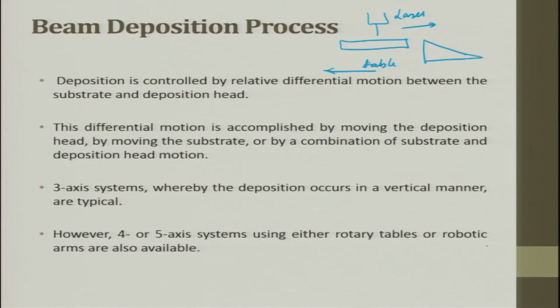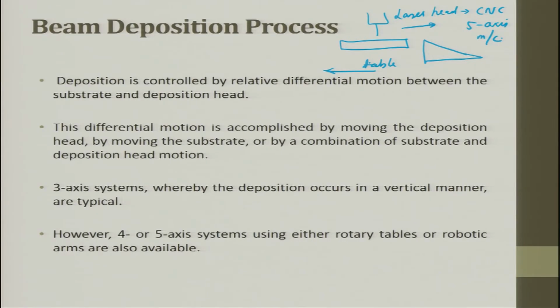So, what I am trying to say is, you can also have multiple shapes, free-form shapes, by deciding the movement alone. And today the technology has gone so high, the laser head is attached to a CNC 5-axis machine.